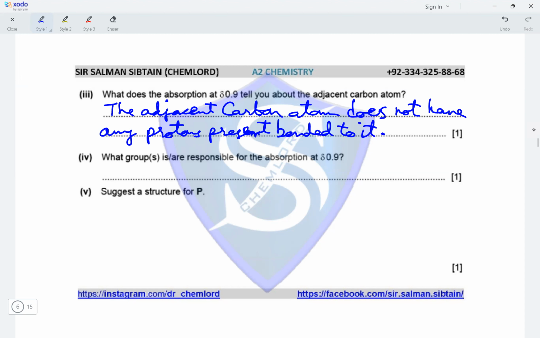So since there are no protons on the adjacent carbon atom, we will have a singlet for the peak at 0.9 ppm.